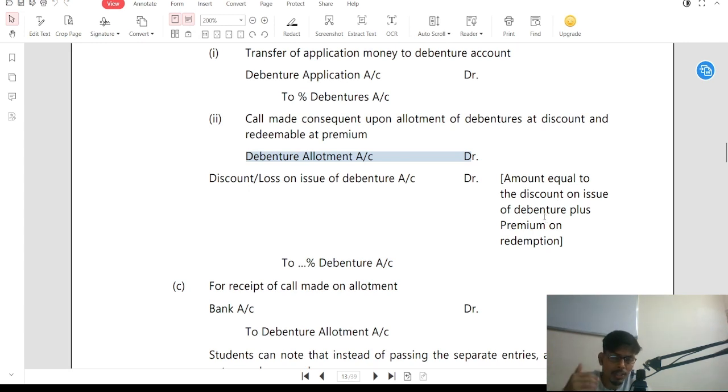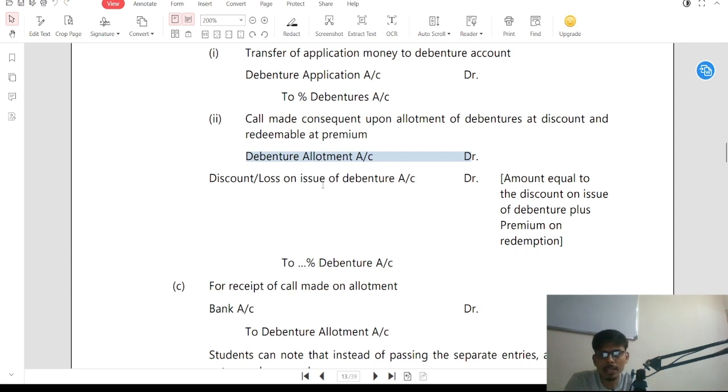At the time of maturity, you are paying the premium. So in the given case also, the loss is incurred at the time of issue of debenture. Premium also has to be paid at the time of redemption. So the amount of premium to be paid on a future date should be adjusted today. It's also a loss. So there are two losses.